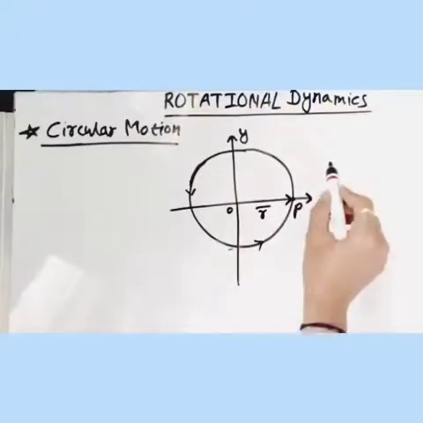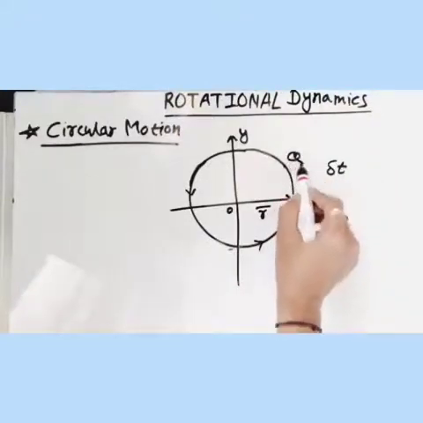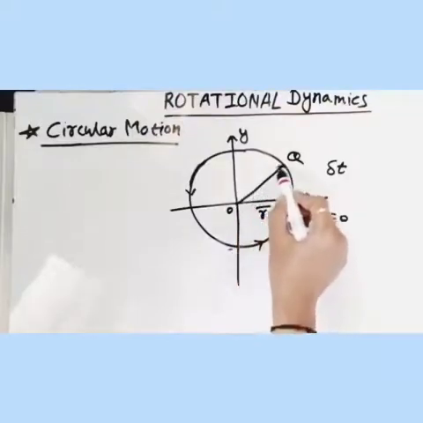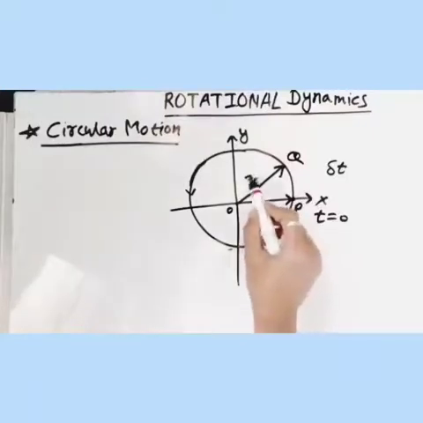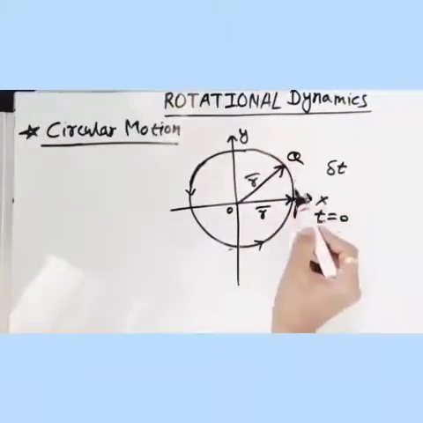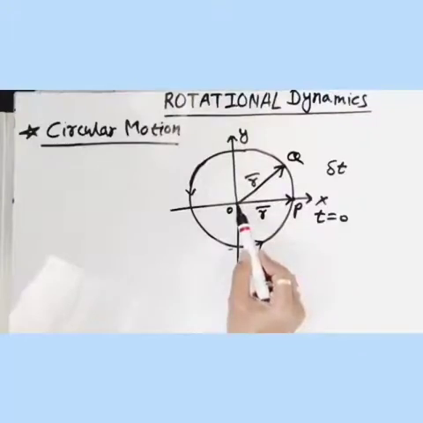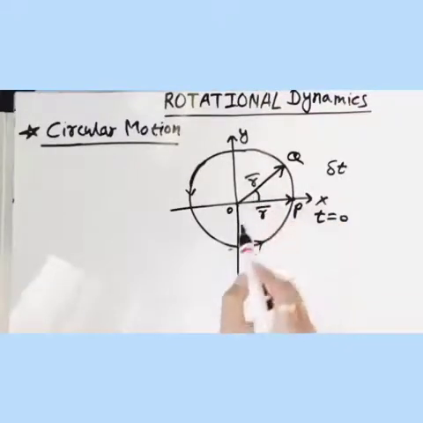After a short time interval, say delta t, the particle will reach point, say Q. If we draw this OQ, which is the position vector of the point Q, again nothing but a radius vector, then you can see the particle traces arc PQ on the circumference of this circular path, and these two position vectors, vector OP and vector OQ, include one angle theta at the center of the circle.